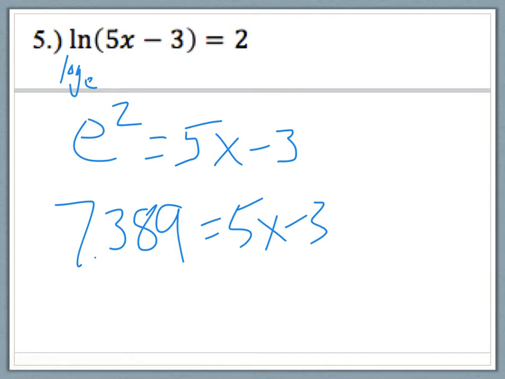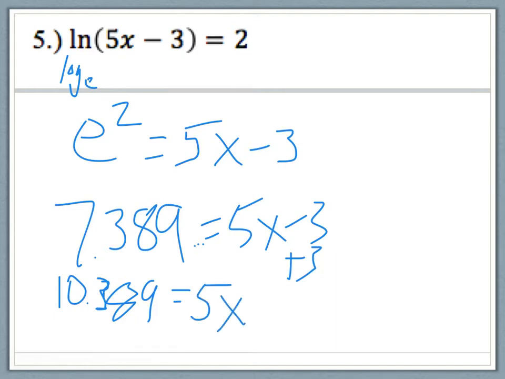Remember, we just do e squared in our calculator. It does keep going, but then I'm going to go ahead and add 3, which ends up being like 10.389. I'm rounding it when I'm writing it, but I'm going to use the same number on the calculator. So I'm just going to add 3, and then that equals 5x. Then we're going to divide by 5.